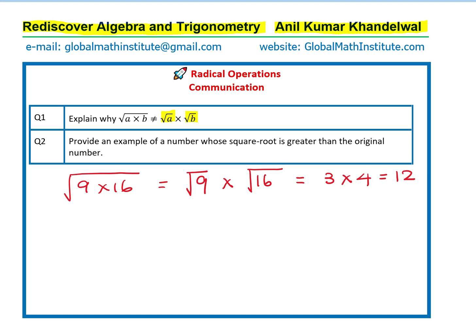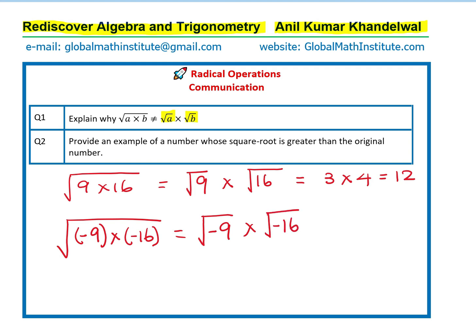But instead of square root of 9 times 16, if I write square root of minus 9 times minus 16, can you rewrite this as square root of minus 9 times square root of minus 16? Well, that is where the problem comes.